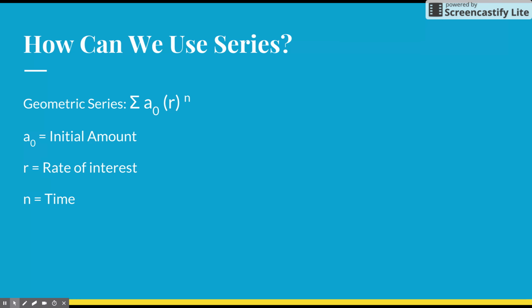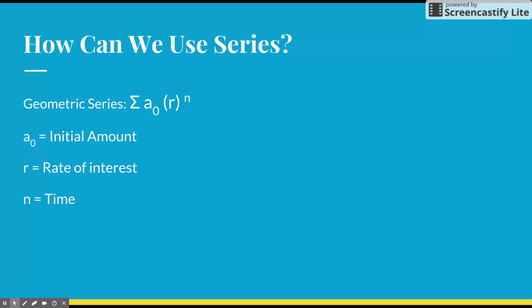So I've talked about interest and whatever it is, but how can we use series to help us compute, use, visualize, and everything with interest in our money? So the main series we'll be talking about today is a geometric series. And as you see, I wrote the general formula, which is the sum of an initial value, which in our case will be your initial money you put in.